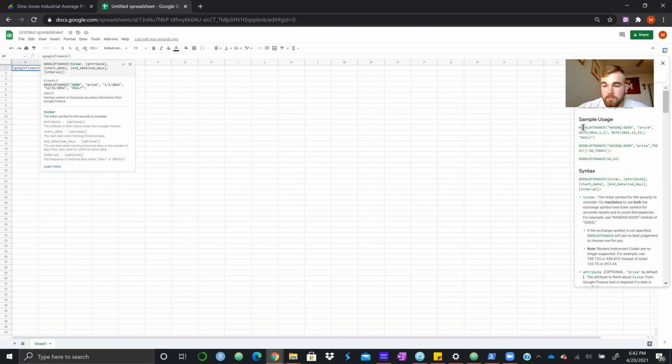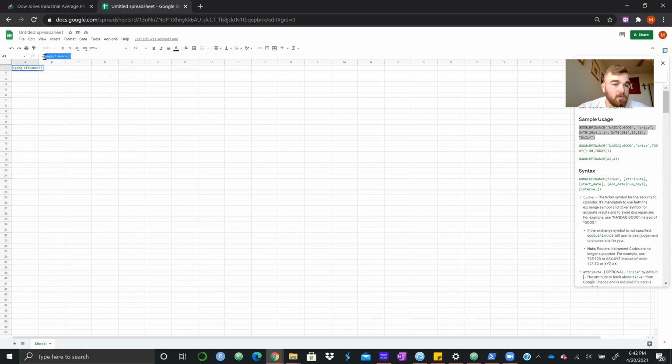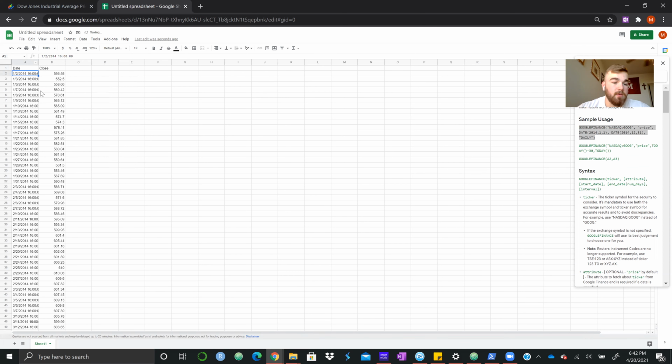So here's a sample, and I'll pull this up just so that you can see it really quickly. And you can see here is all of the stock information, and it's doing it daily from 2014-1/1 to 2014-12/31.